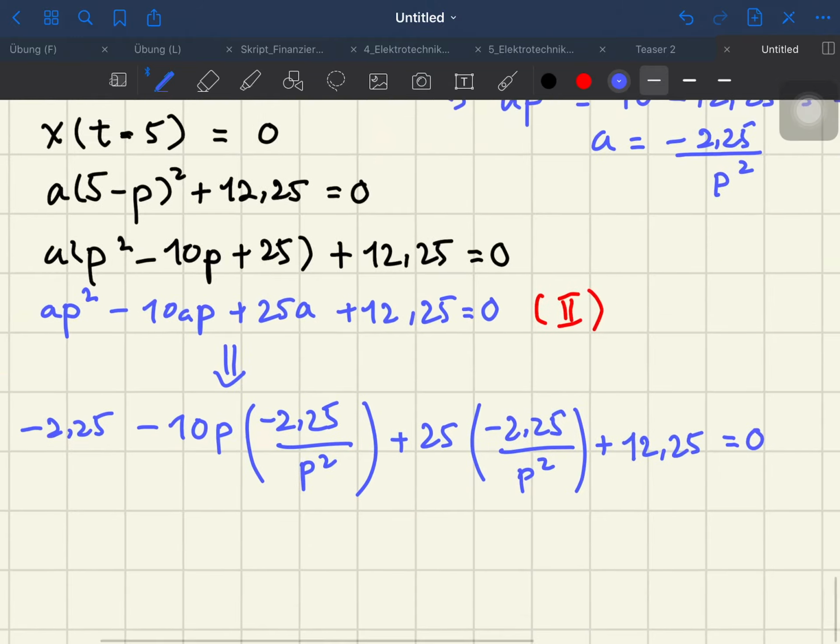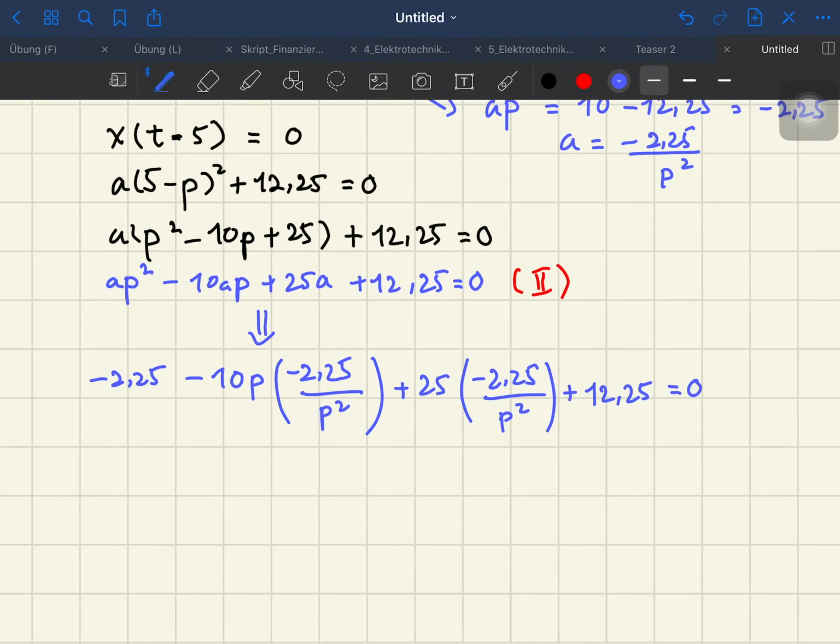equals 0. You will have a 10 as a result, and then you will have here 22.5, but positive, over p, and then you will have a negative, well, in this case, it's a very complicated algorithm. So you will have negative 56.25 over p squared equals 0.